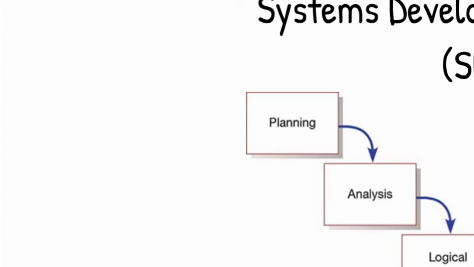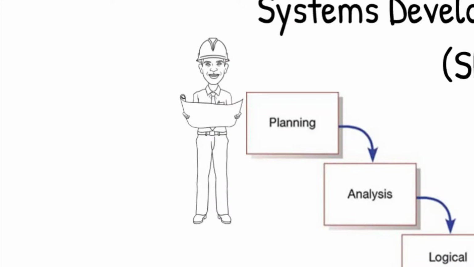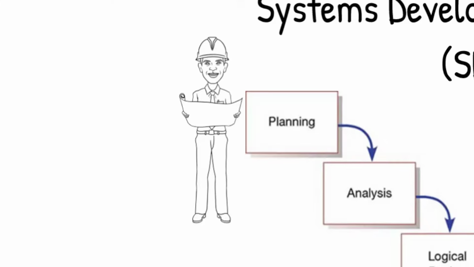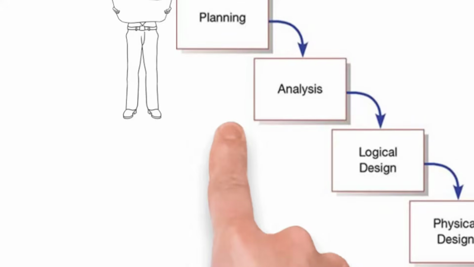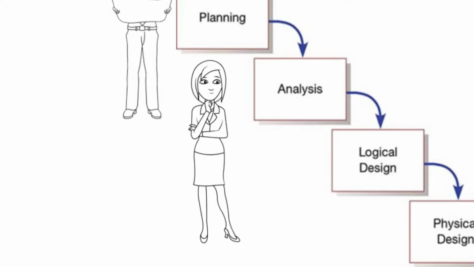The planning phase involves figuring out what projects are important to an organization, discussing the problems to be solved, and developing a rough idea of what the end result will be able to do. The analysis phase dives deeper into the problem and starts to detail what the requirements will be.